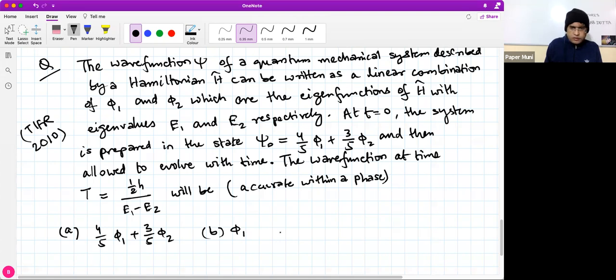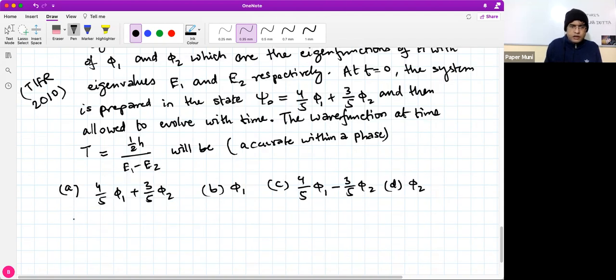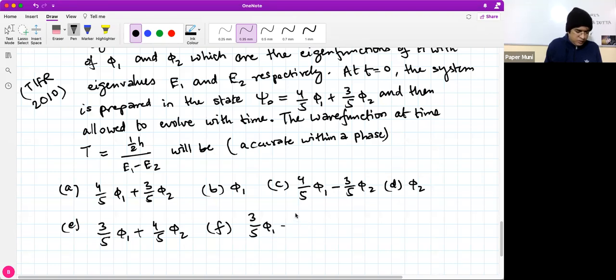C is 4 by 5 phi 1 minus 3 by 5 phi 2, and D option is phi 2. E option is 3 by 5 phi 1 plus 4 by 5 phi 2, and there is an F option also, which is 3 by 5 phi 1 minus 4 by 5 phi 2.